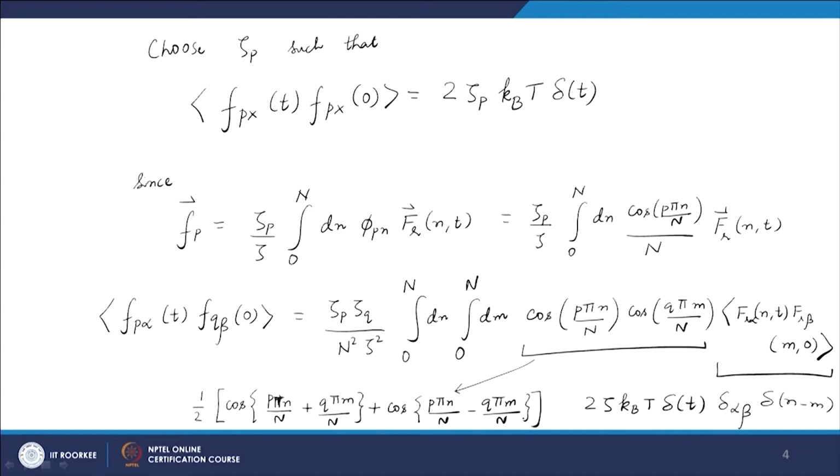Okay. So, now this looks somewhat complicated, but we wrote it just because we wanted a general form.